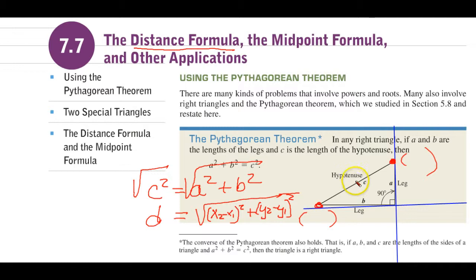Now, the midpoint formula, you're looking for this point right here, that's midway between that, and that would be an x and a y. And basically the midpoint formula is x sub 1 plus x sub 2 divided by 2, and y sub 1 plus y sub 2 divided by 2.